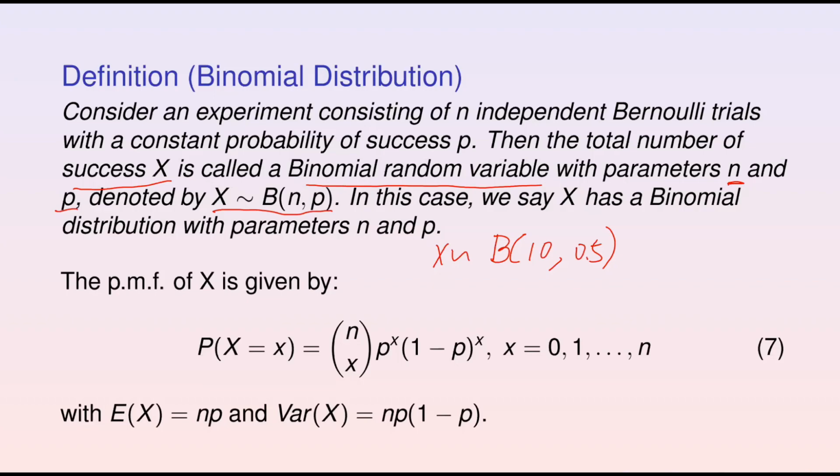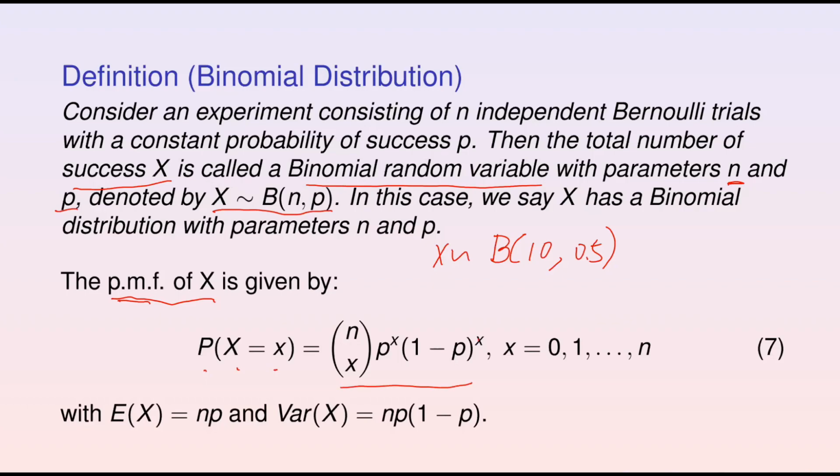So we have the following. Given this binomial random variable, the PMF of X is given by the following: P(X = x). Here this is the formula.